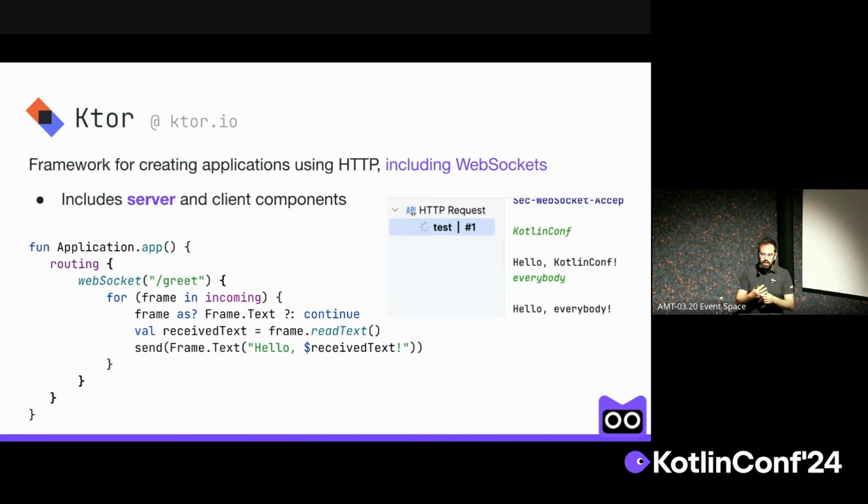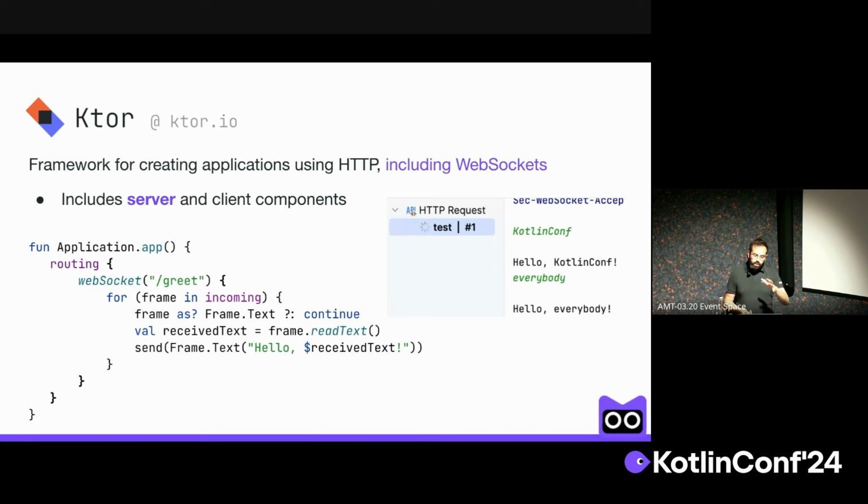There is a distinction in this protocol between binary and text frames, but it's not so important here. I'm going to get it, and then I will give back hello and this name. So if you use, for example, the built-in HTTP client in IntelliJ IDEA, which supports WebSocket, you can start doing this. And there you see I wrote Kotlin conf, I get back hello Kotlin conf. I write everybody, I get back hello everybody.